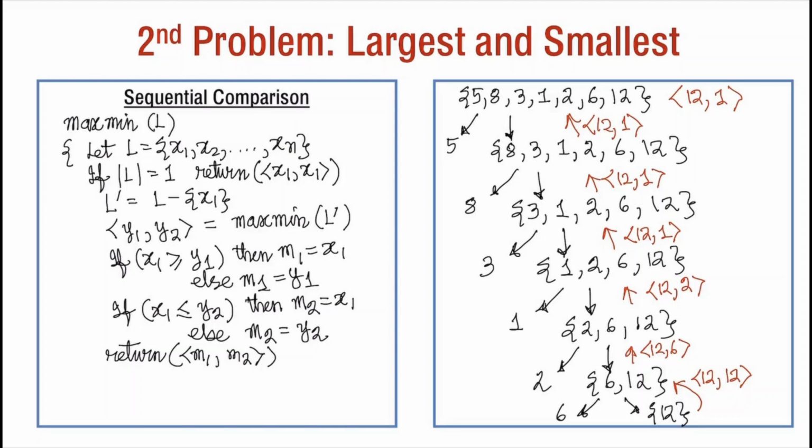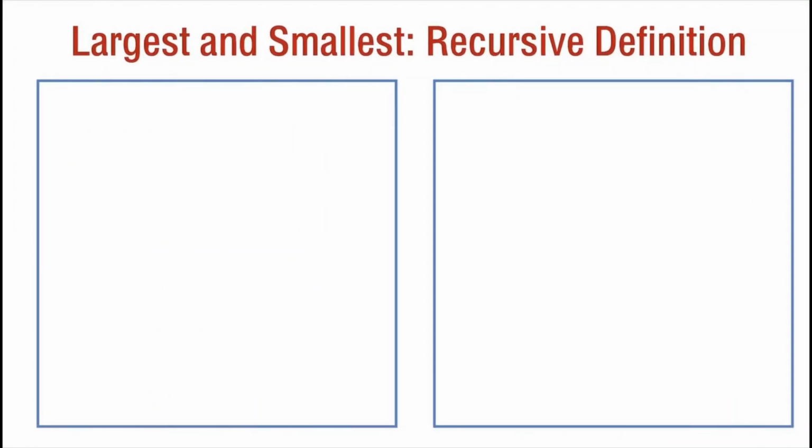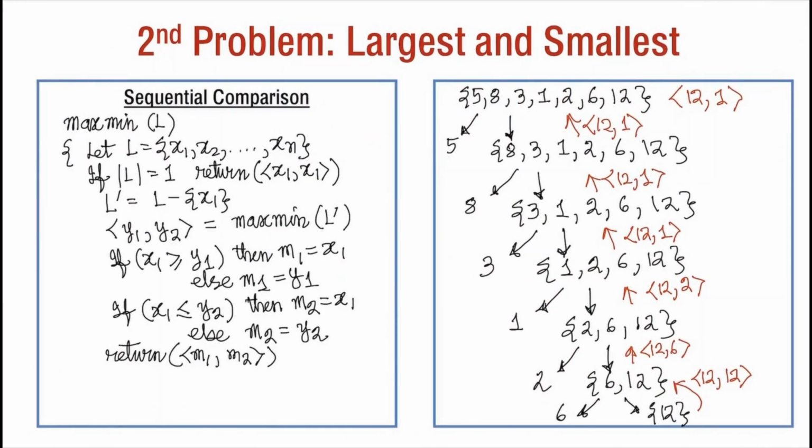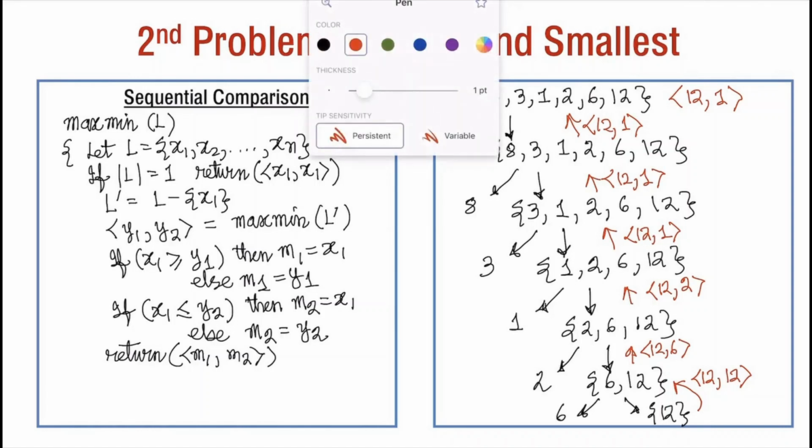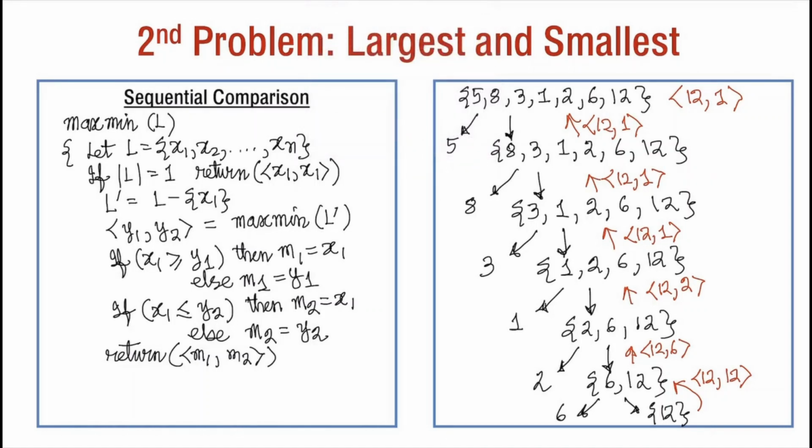In order to do this analysis, we will now go to first our recursive definition. And just to understand the analysis here, please note that whenever there is one element, our complexity analysis turns out to be that Tn is equal to 0 if n is equal to 1. Because if there is only one element, then you don't need any of these comparisons.